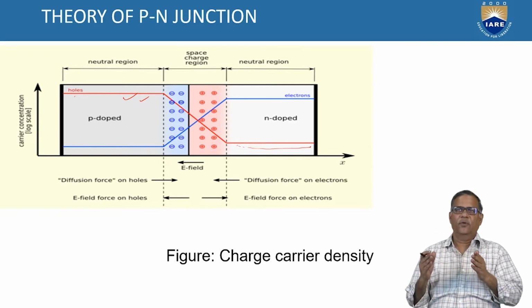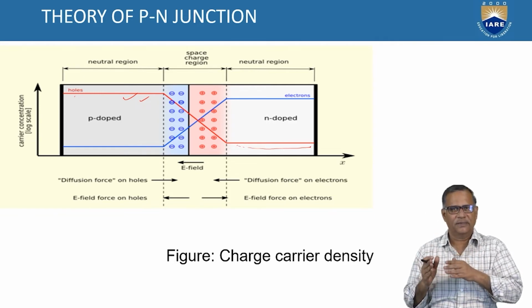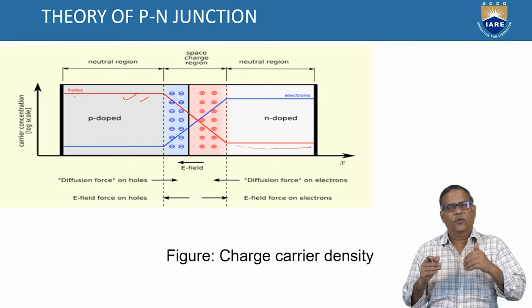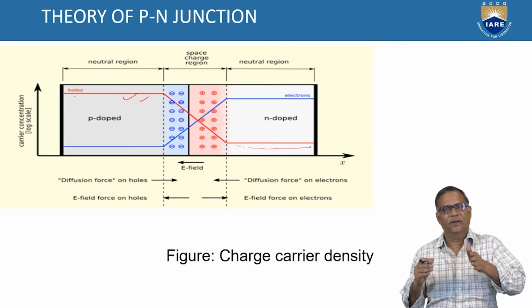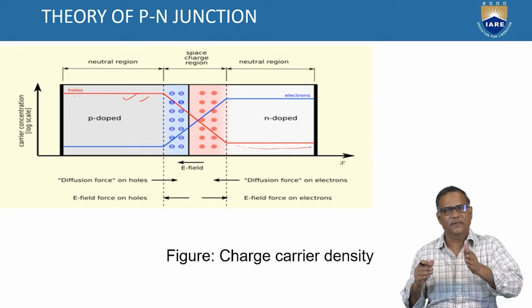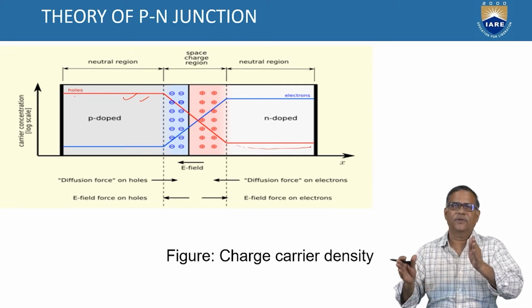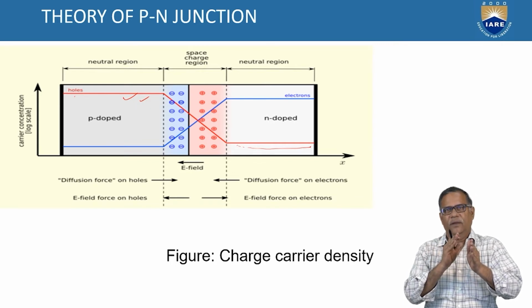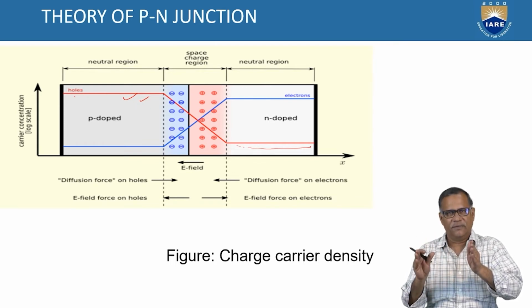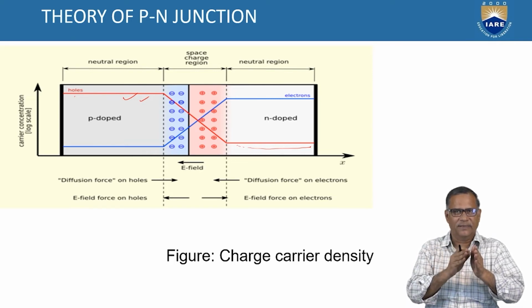As more and more electrons travel from the n side to the p side, there is more and more accumulation of negative charge on the p side. When the number of negative ions becomes sufficiently large, they obstruct further flow of electrons from the n side.